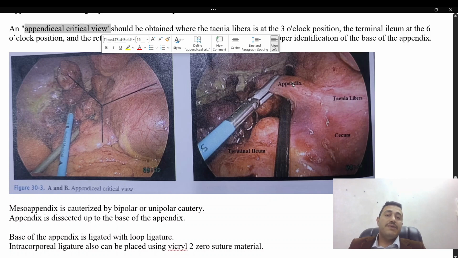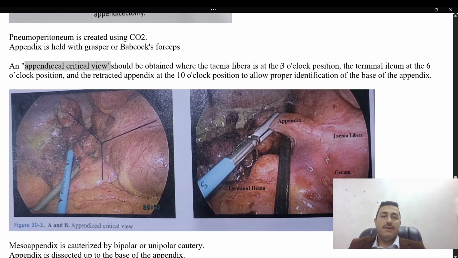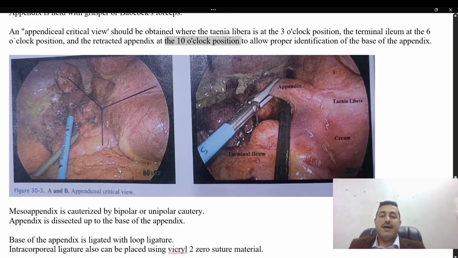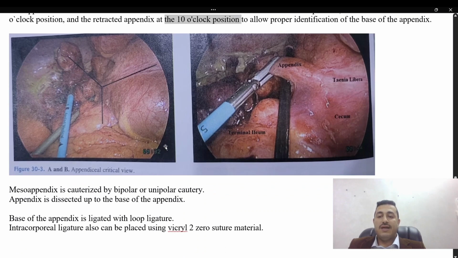We retract the appendix to 10 o'clock. This is the appendiceal critical view of safety.